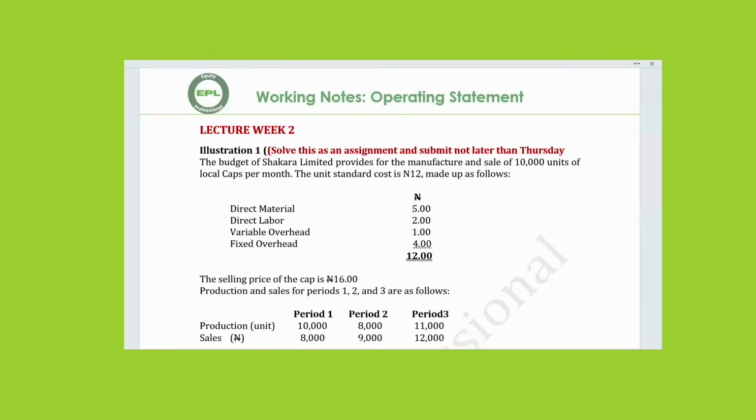Which date is next week, Thursday? Today is 17th. 17th plus 6, that's 23. Okay, 23 or 24, whatever. Just submit next week, Thursday. That's it, 23.